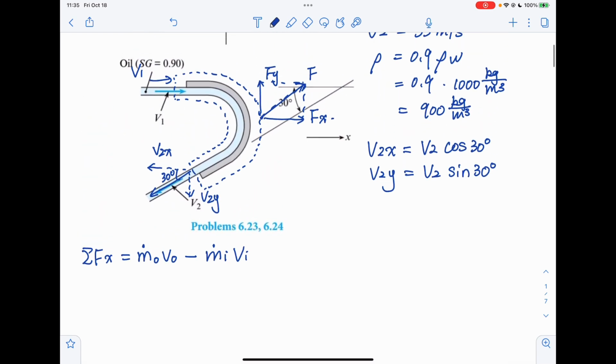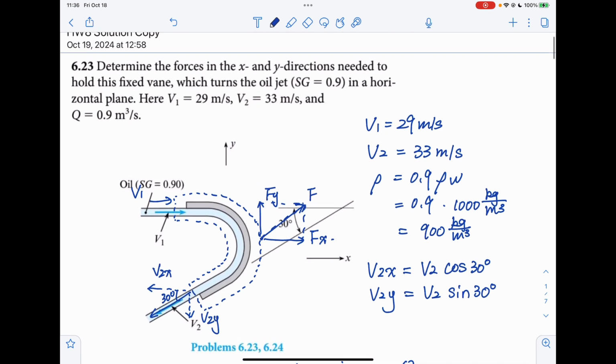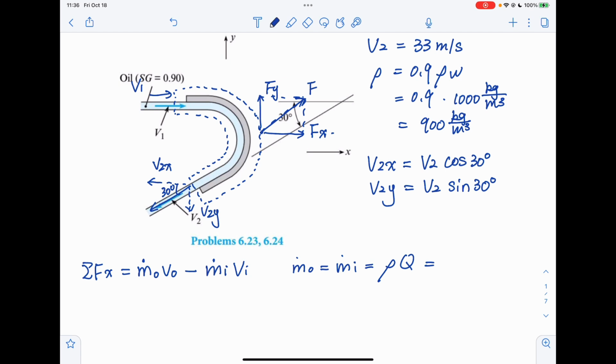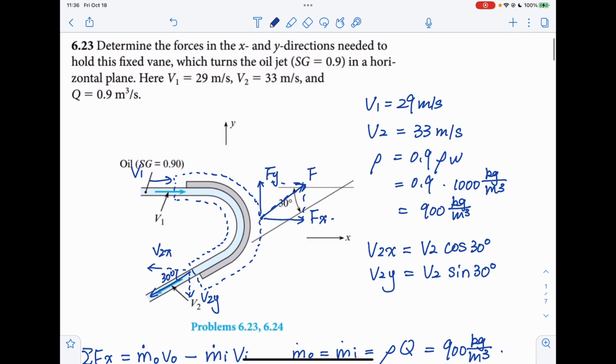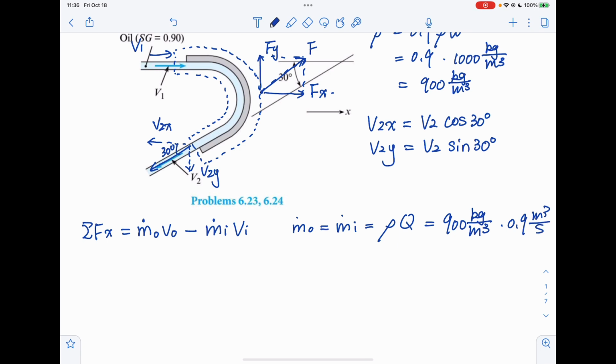The mass flux moving in and moving out are equal, so they are both equal to rho times Q, which is 900 kilograms per cubic meter times the Q, which is given as 0.9 cubic meters per second.